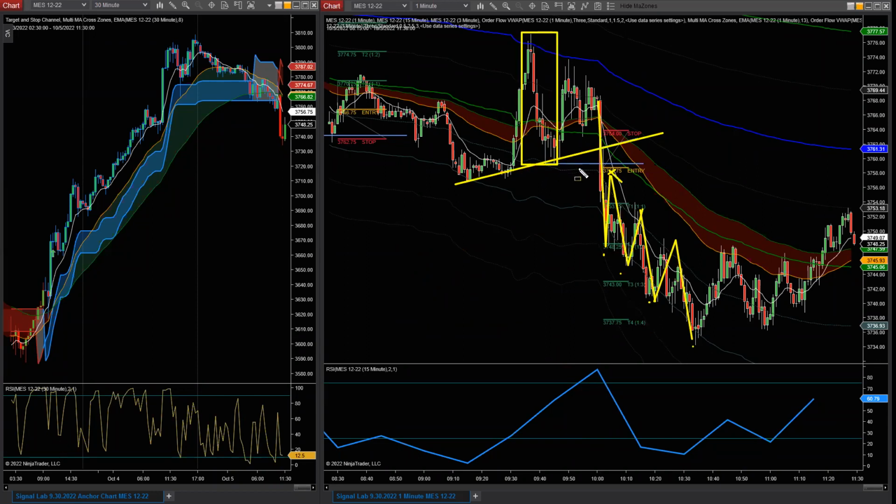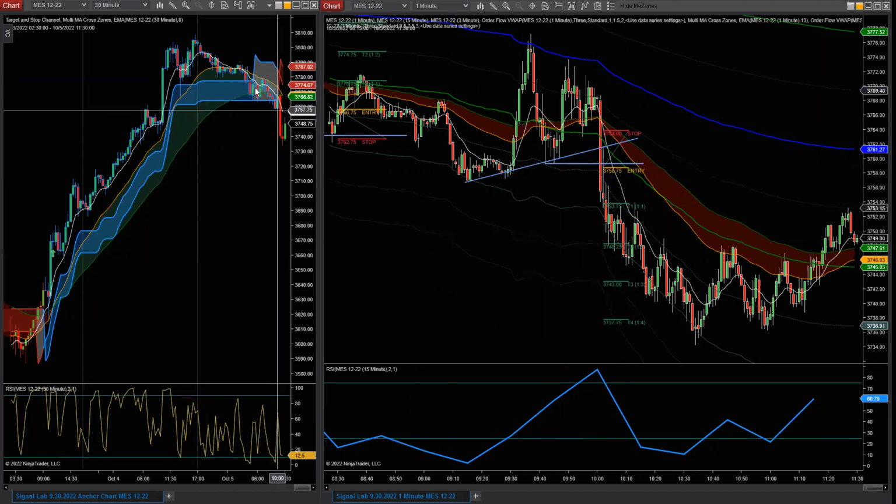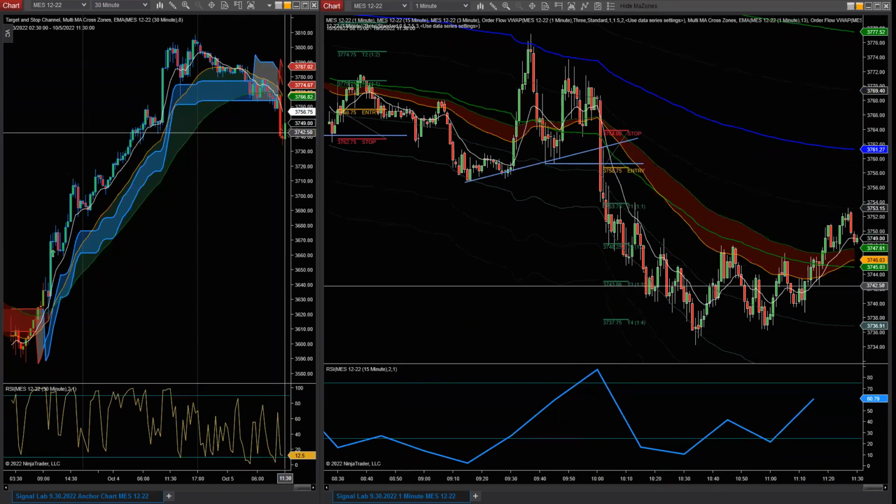So if this is the width of the pattern, then at a minimum we're expecting it to go down to here. So you can use that for a target. If I know there's the width of the pattern and we break down, I'm going to get short here, and I'm going to target an area somewhere in this area. Maybe even lower, because it's just transitioning from up to down.